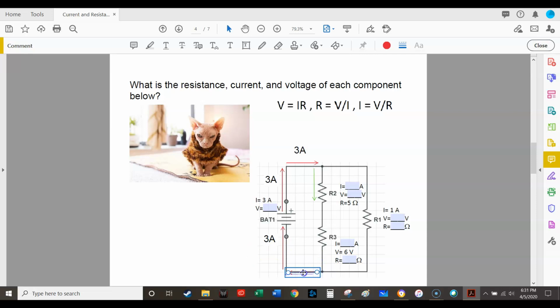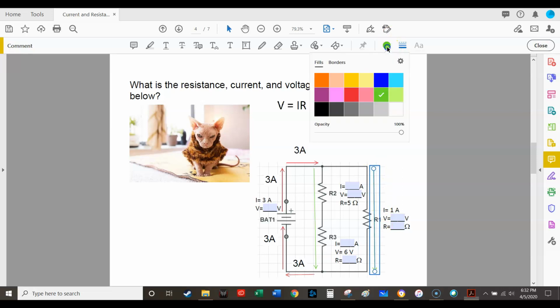It has to be leaving here and coming back into the battery. So the current going across the second branch plus the current going across here, I'm going to make this arrow a different color.